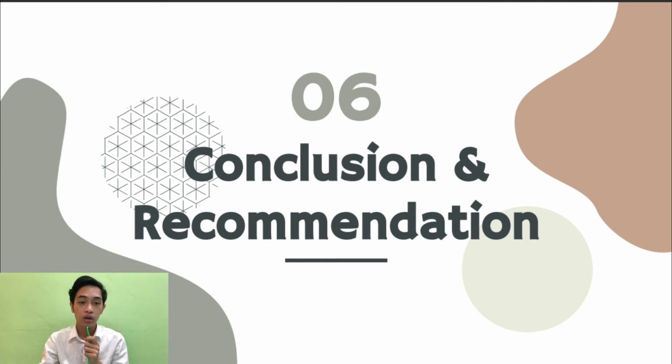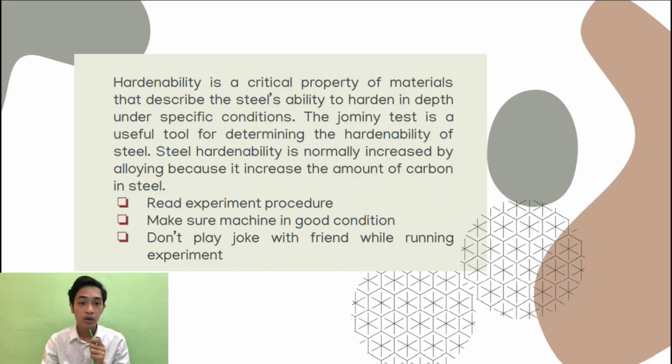So I will give a short conclusion and recommendation in this presentation. In conclusion, hardenability is a critical property of materials that describes the steel's ability to harden in depth under specific conditions. The Jominy test is a useful tool for determining the hardenability of steels.